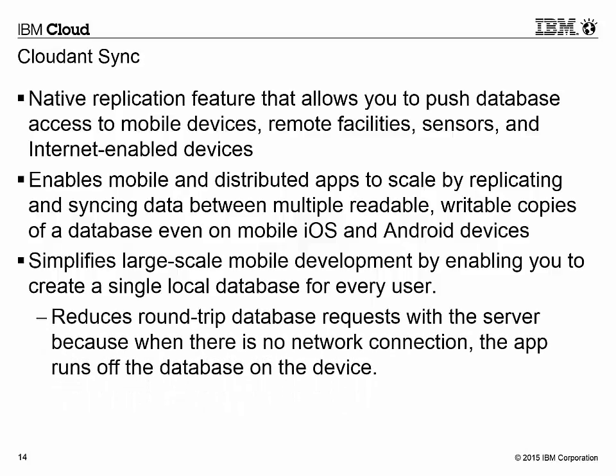And it also reduces round-trip database requests with the server, because if there's not a network connection between the local database and the remote database, the app will run using the local database and automatically sync with the remote database when the network is restored.